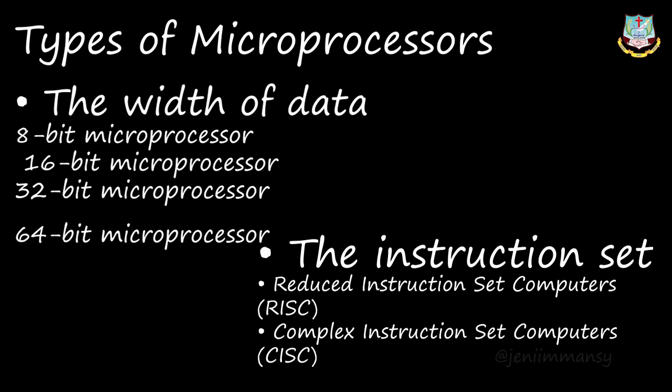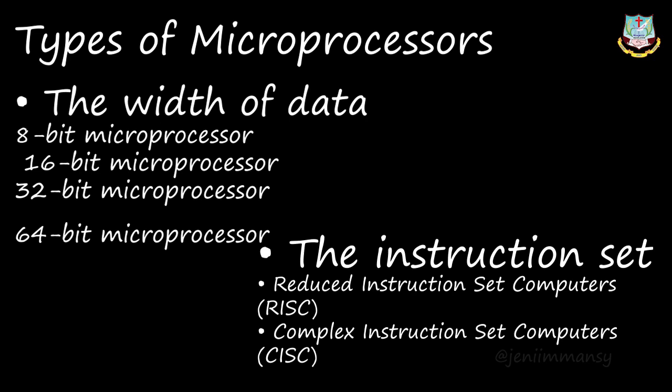There are two microprocessor category types which are categorized on this instruction set basis. They are reduced instruction set computers and complex instruction set computers. That means RISC and CISC. Okay, so the examples of RISC processors are Pentium 4, Intel P6, AMD K6 and K7.